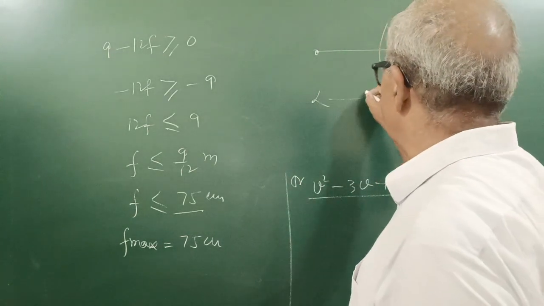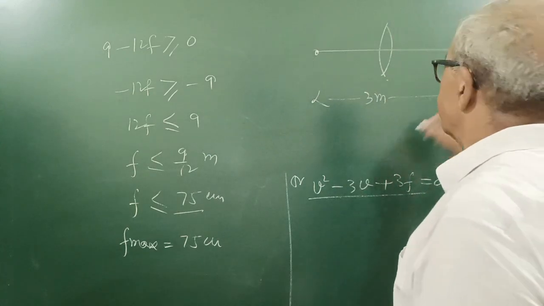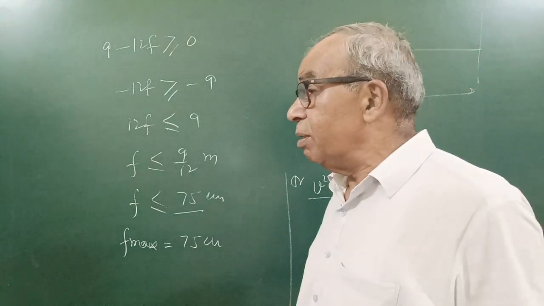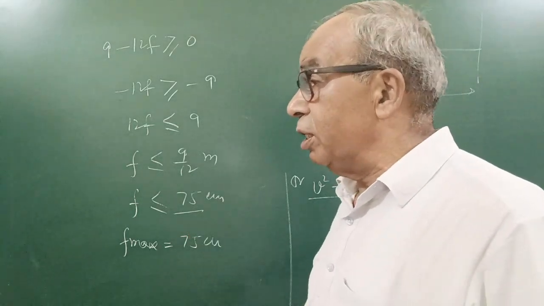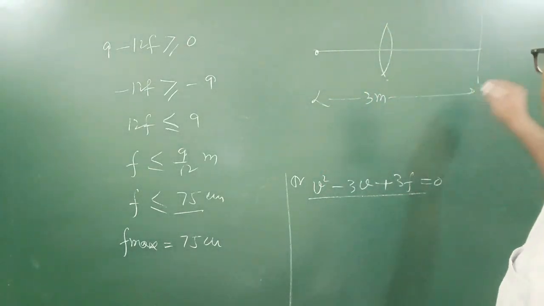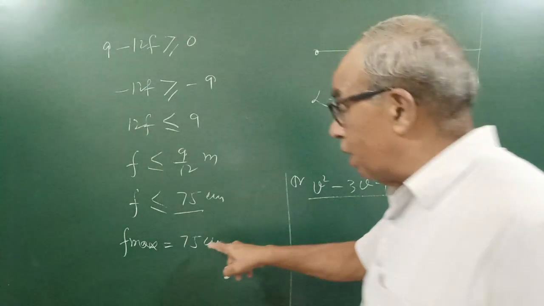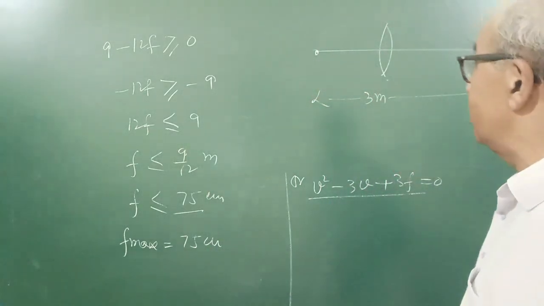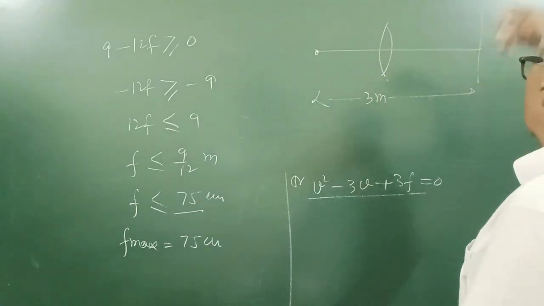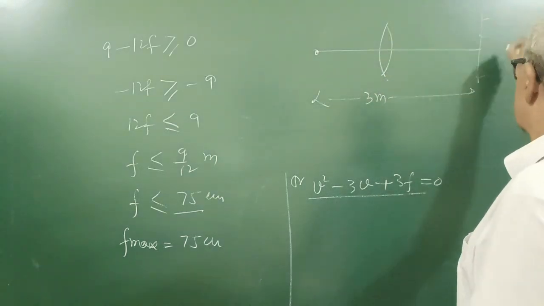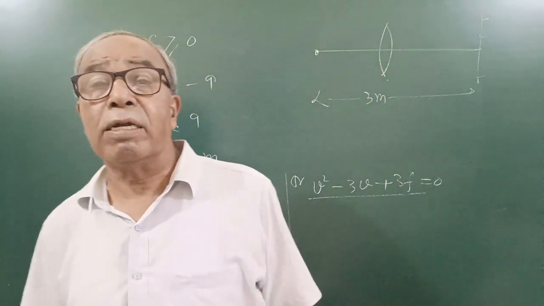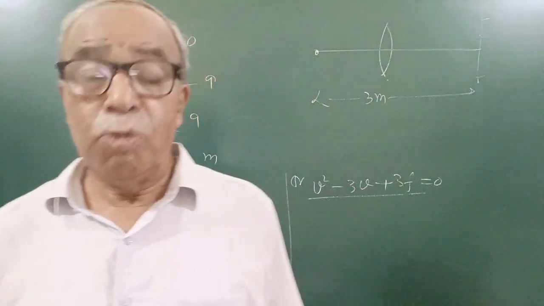This distance of 3 meter is fixed. If the focal length of this lens is 50, 40, 30, 20, 10, 5, the image will be found there. But if the focal length becomes more than 75, wherever you put it, the image will be real but may be beyond the wall. This is a good question to understand. I hope you have got my point.